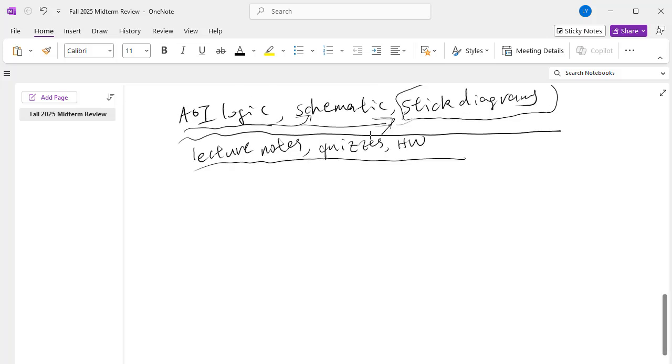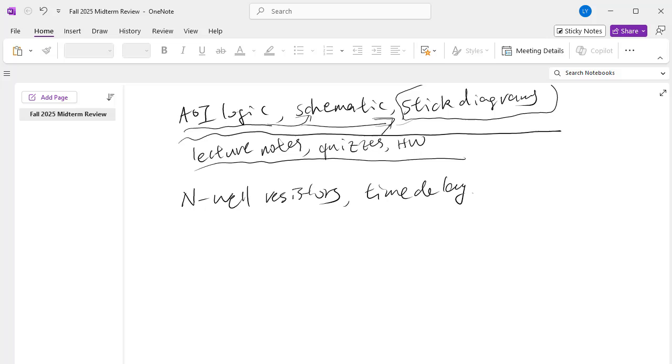Important. And then other things you need to know, for example, the unwell resistors, time delay, sheet resistance, let me see anything else.